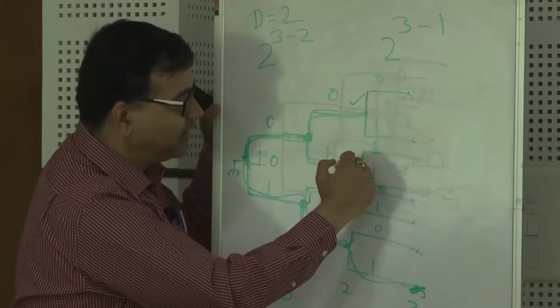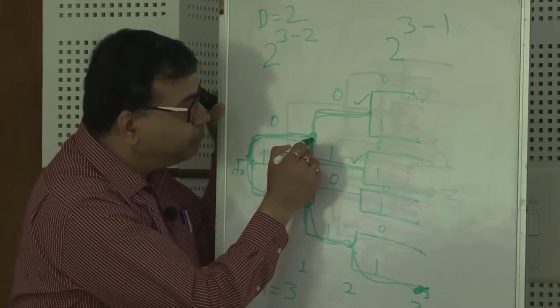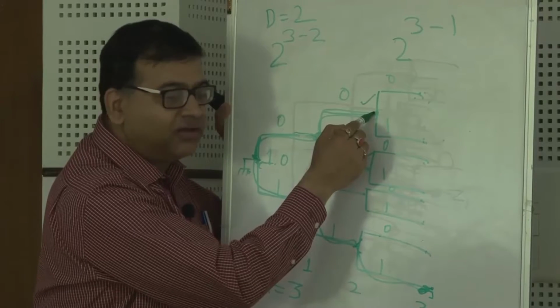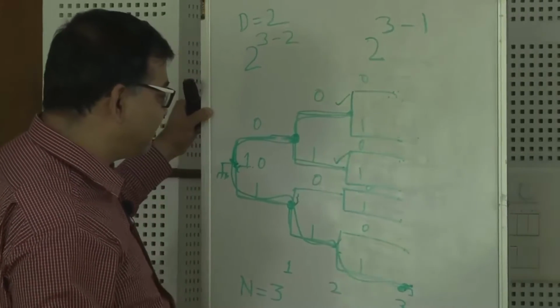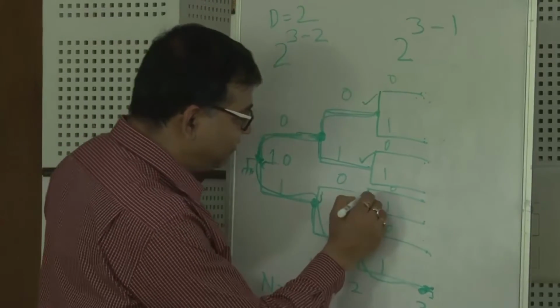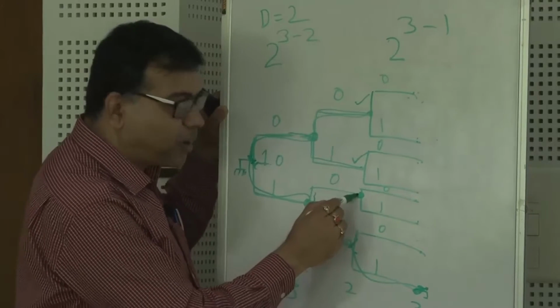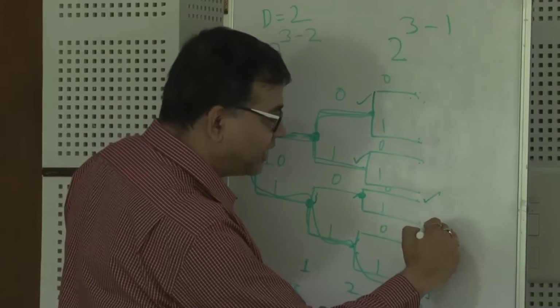This one and this one. So, the probability of this node would be probability of this node and this node. Now let us look at, let us say, this node. What will be the probability of this node? This will be this node and this node.